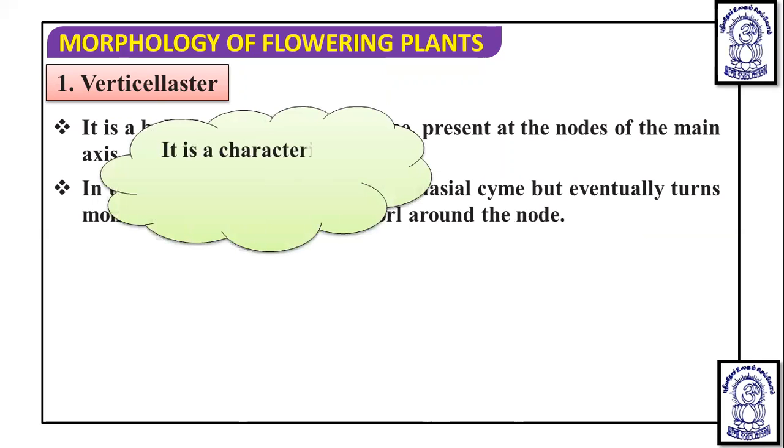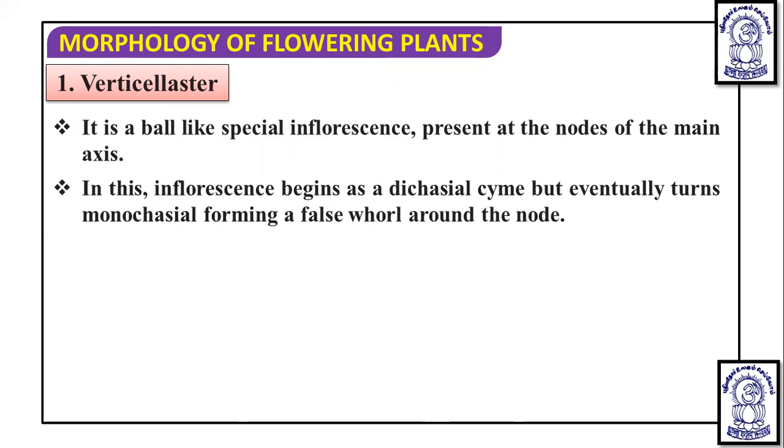So, if we talk about this verticillaster diagrammatically and understand it, in this type of inflorescence, leaves are arranged in opposite manner on the stem, and from the axil of each leaf inflorescence develops. So suppose this is the stem, and this is a node.